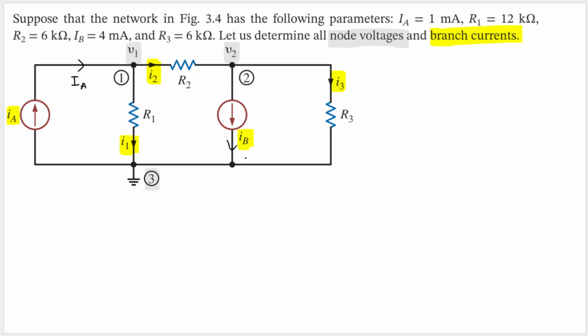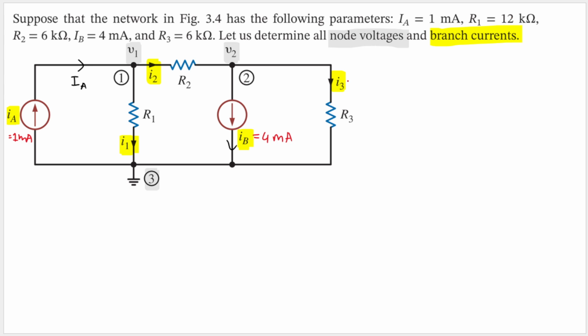Good. And now let's label what is given by the problem. So IA is 1 milliampere, so let's label them 1 milliampere. And then IB is 4 milliampere, so we'll have 4 milliampere. And then what else is given?